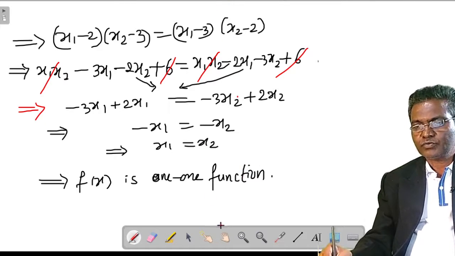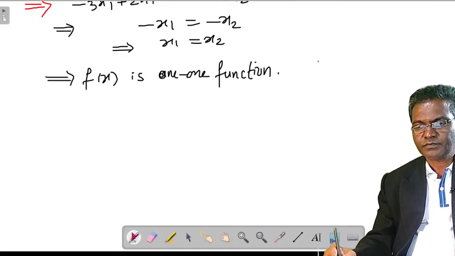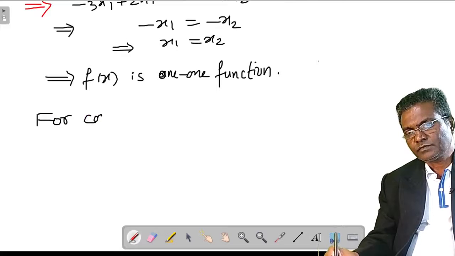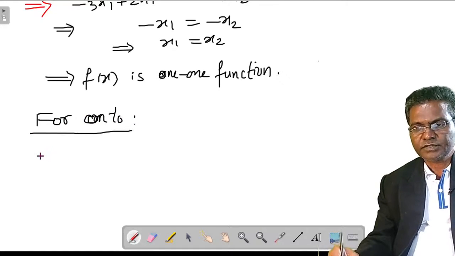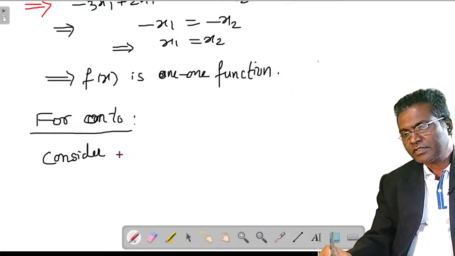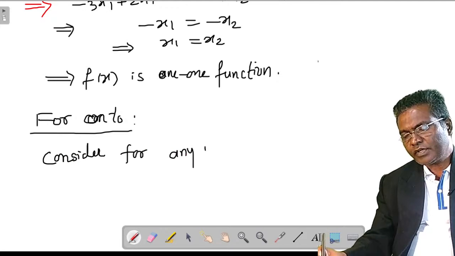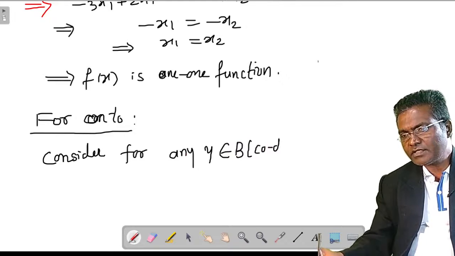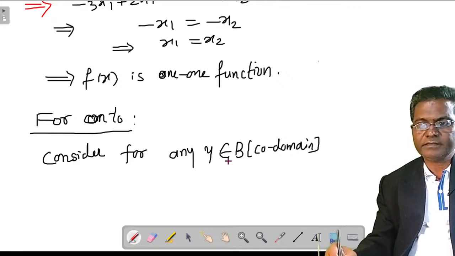Okay, so for onto, consider as earlier, for any y belongs to the codomain, you have to consider any arbitrary element from the codomain.